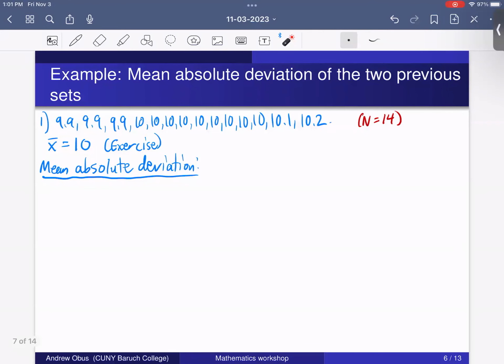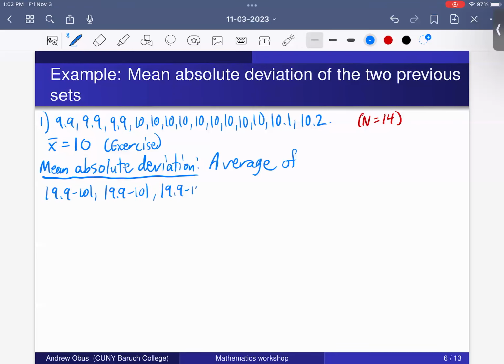So what we want is the average, or the arithmetic mean, of 9.9 minus 10, and then 9.9 minus 10, and then 9.9 minus 10, all absolute value, then 10 minus 10. Maybe instead of writing them all out, I'll just say 10 minus 10. How many times are we including this? 1, 2, 3, 4, 5, 6, 7, 8, 9 times. And then 10.1 minus 10. And lastly, 10.2 minus 10.